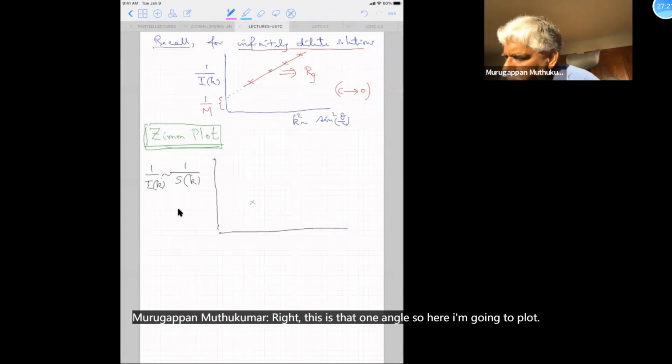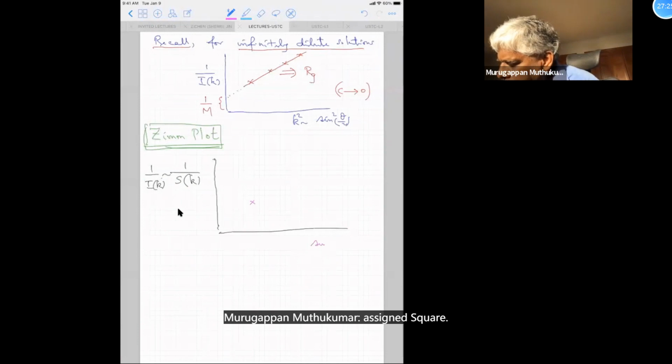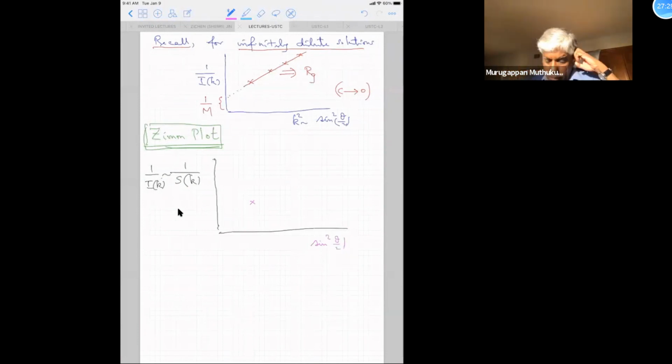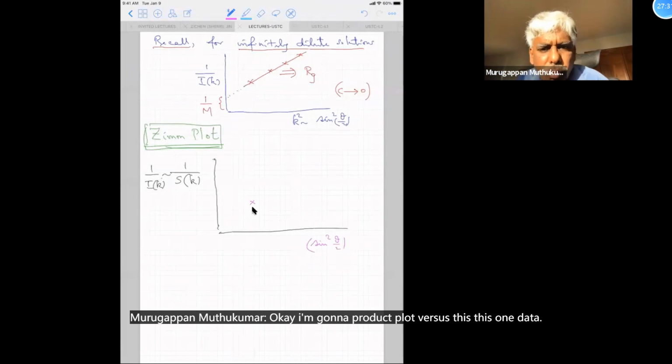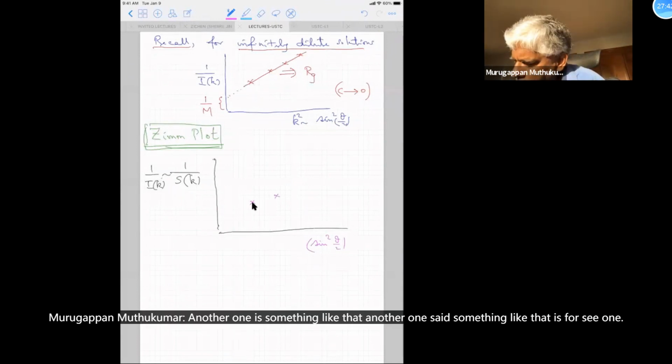Here I'm going to plot versus sine squared theta by 2. This is one theta. Then I change the angle and get another point, something like that. Another one, something like this.